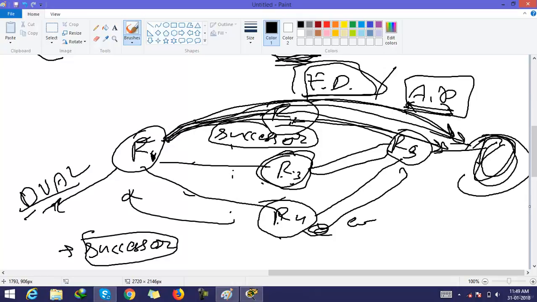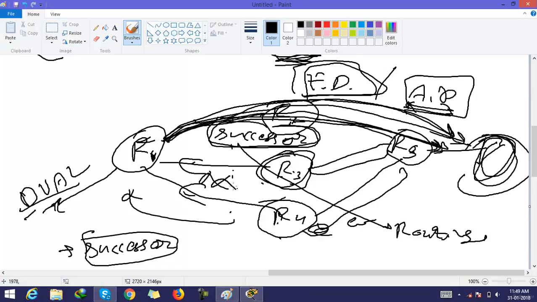This best path is called the successor, and this successor is shown in the routing table. All paths are not shown in the routing table. Only the successor is shown in the routing table.